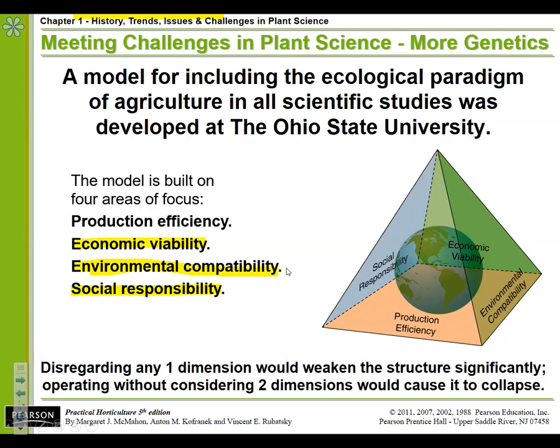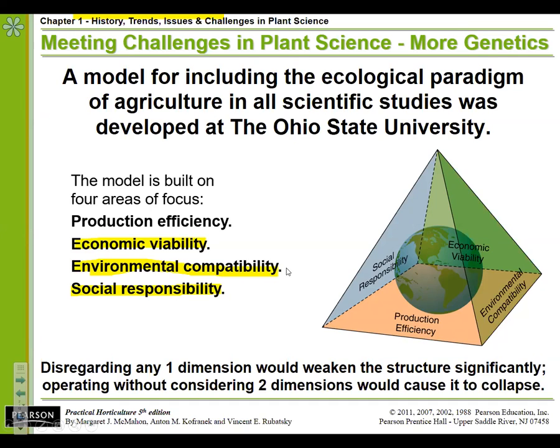We can also look at the ecological costs associated with the environmental compatibility, the runoff of fertilizers, for instance. In our system of industrial and globalized economy, our agriculture is based on where we can most efficiently produce the crops.